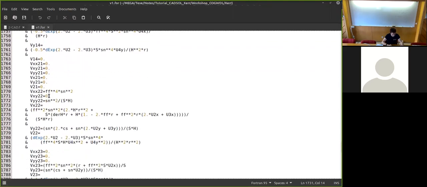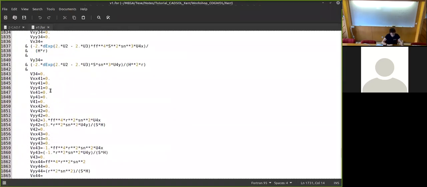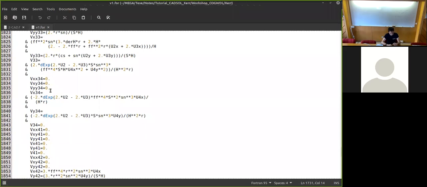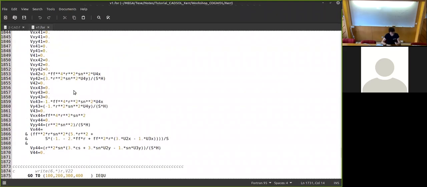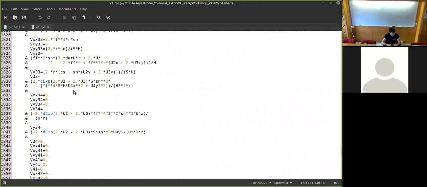There are a lot of them, and most of them are 0, so it's a bit easier, but it's quite tiresome. It takes a while to put every single equation here. But when you finish this, you basically have everything done.